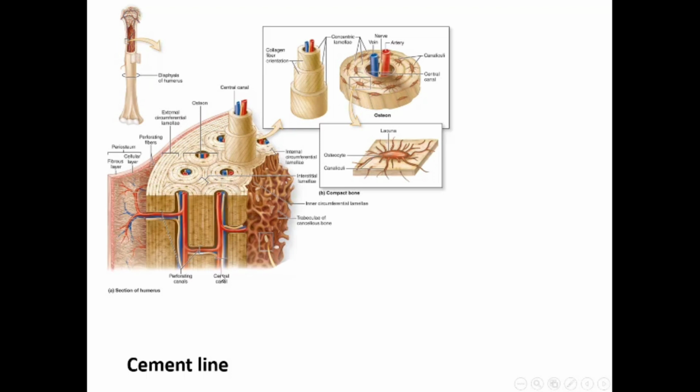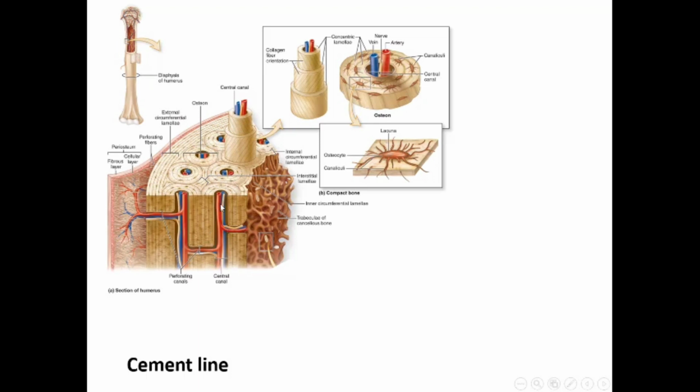When we have a longitudinal section of the Haversian system, you can see we have a canal in the middle of the Haversian system called the central canal or Haversian canal. Within the Haversian canal we have an artery, a vein, and also one nerve in each canal.